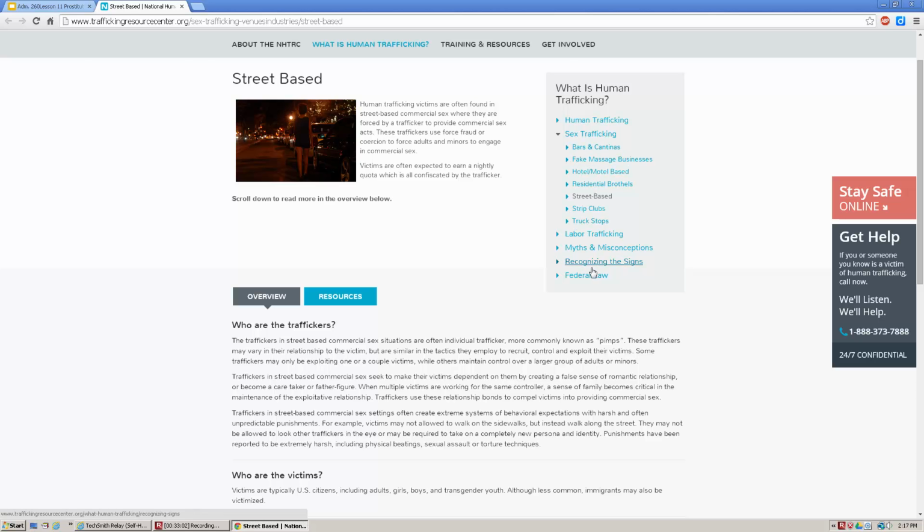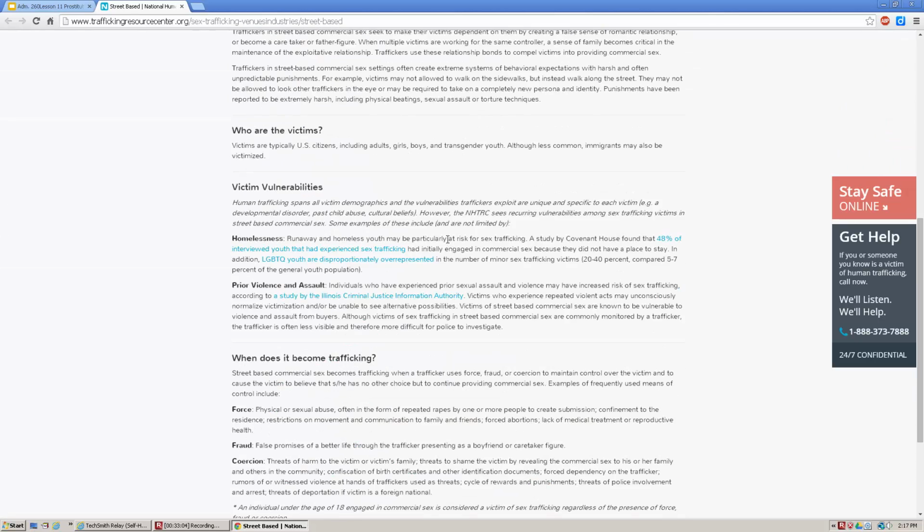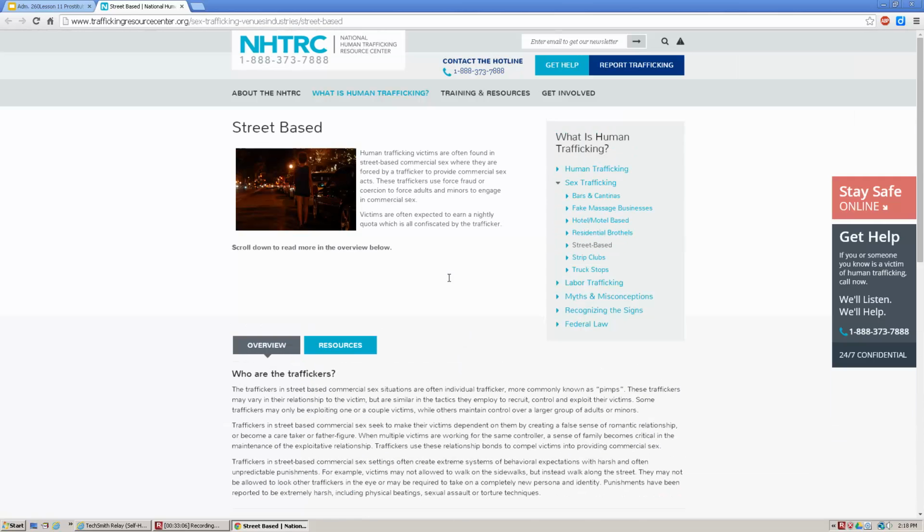It gives you a wide list of things that you can read. They're short, similar to what this is here, but it'll give you a fairly good foundation for resources to look at. This is just kind of an overview, but this is an actual center, or a contact hotline, to help eradicate human trafficking.